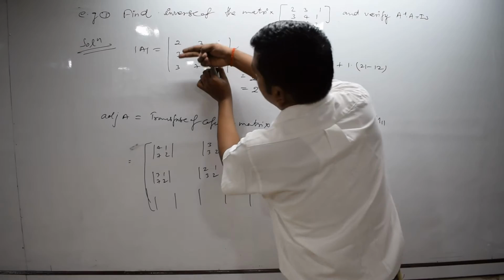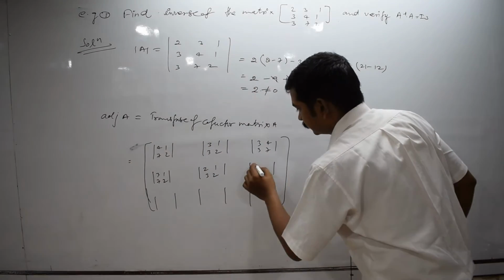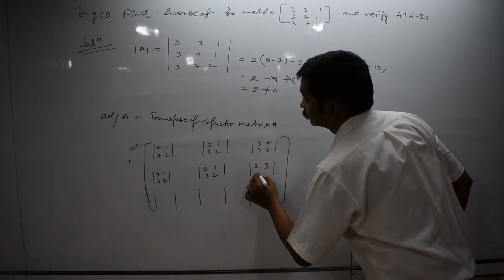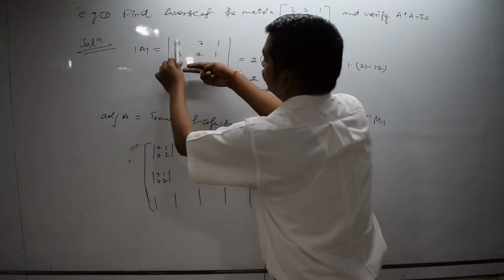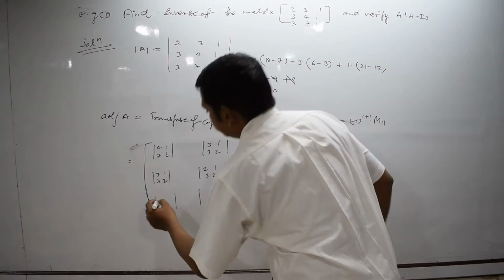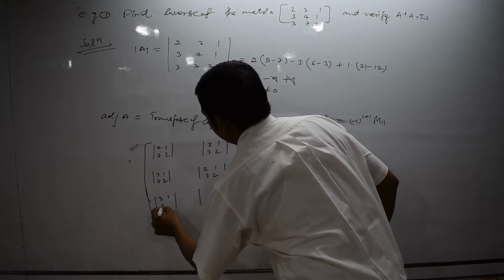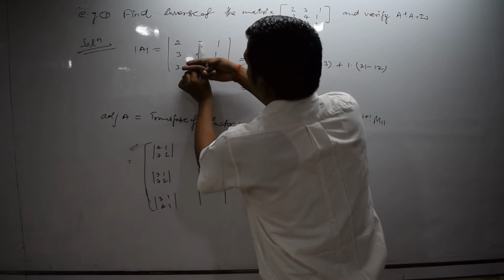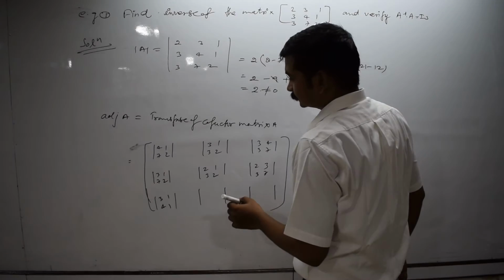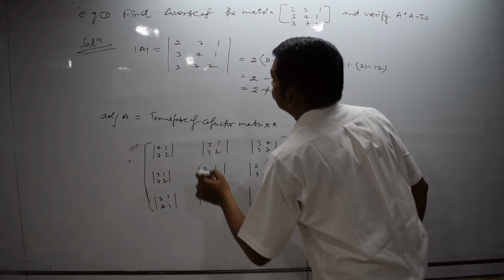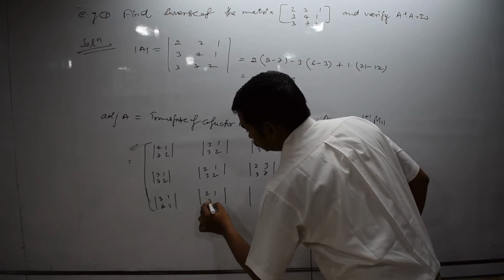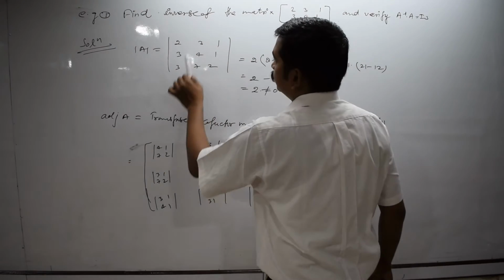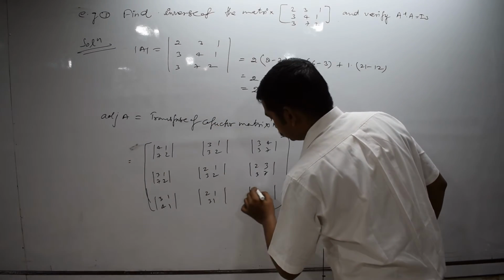With respect to 1, this will be 2 3, 3 7. With respect to the next element, the matrix will be 3 1, 4 1. With respect to 7, this will be 2 1, 3 1. And with respect to 2, this will be 2 3, 3 4.